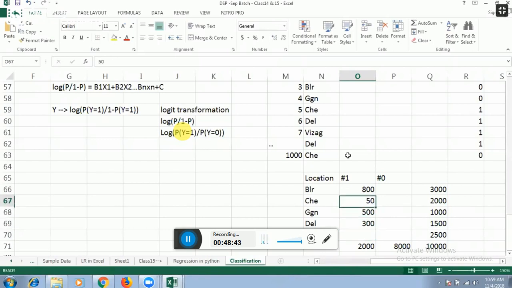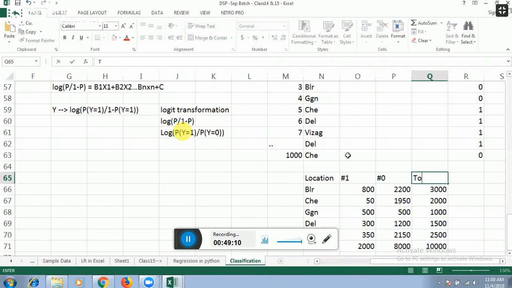So that means total how much? 350 customers that belong to this one. And that's nothing but 2200 and 1950 and 500 and 1200 and how much is it? 2150. Correct? So this is basically the total customers.